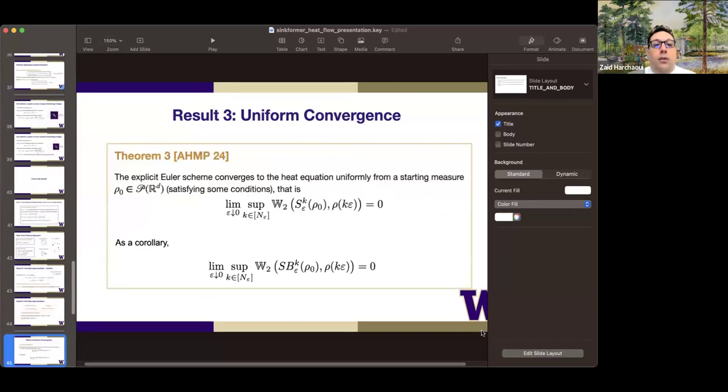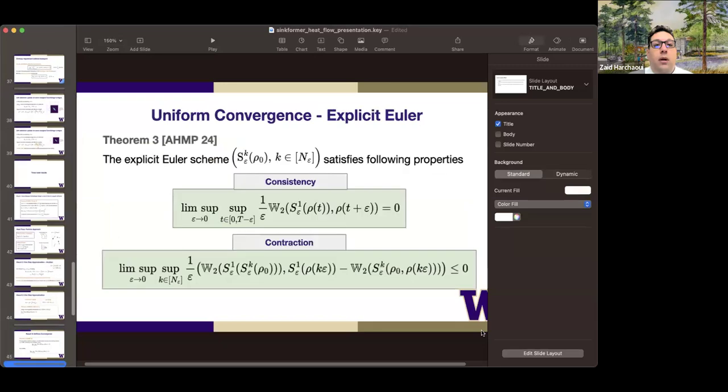So the first thing is that if we take a little time step, we can control the error of the explicit Euler scheme, and we can also show that as the process evolves over time, it does not diverge, it contracts, and thanks to that, we can control the full trajectory of the process.